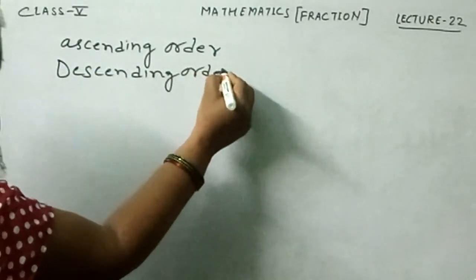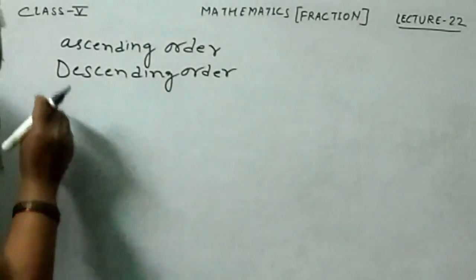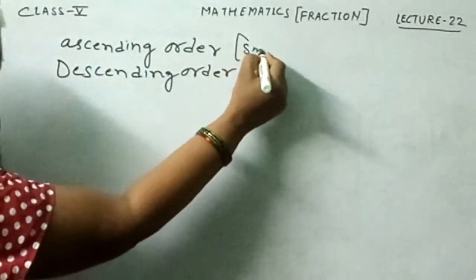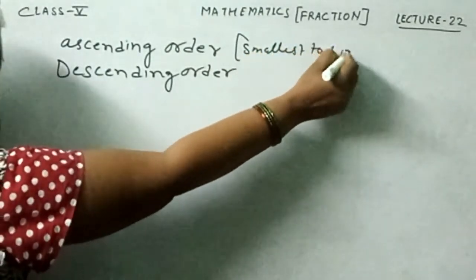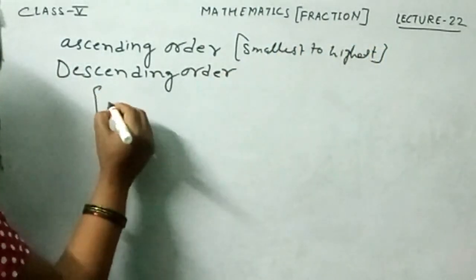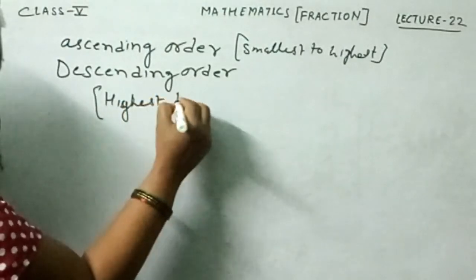As you all know, ascending order means you have to start from the smallest number to the highest number, and descending order, highest to lowest.